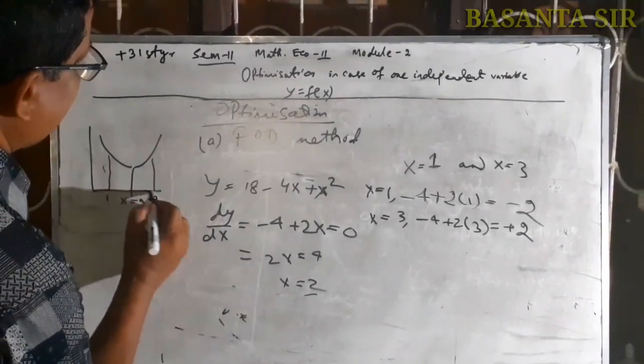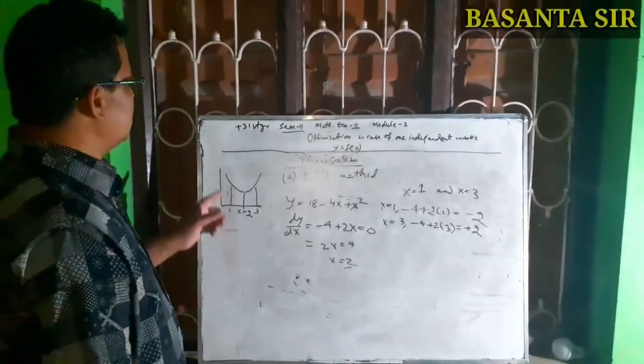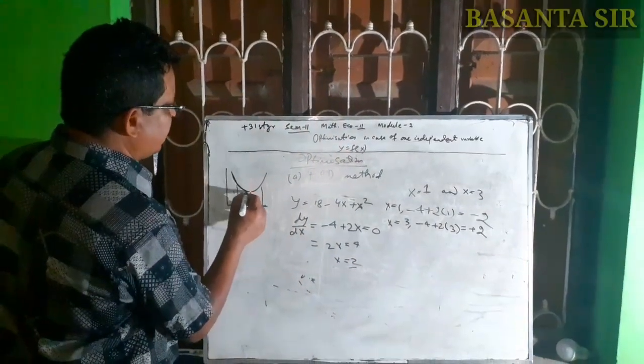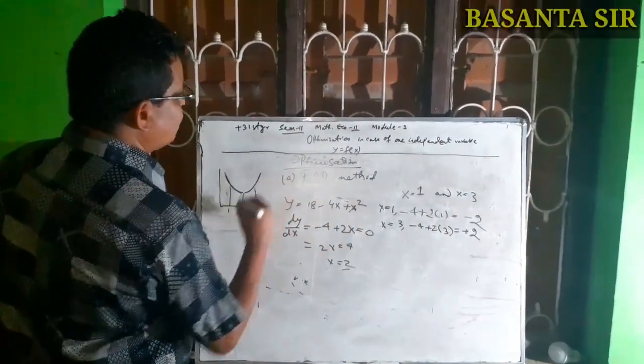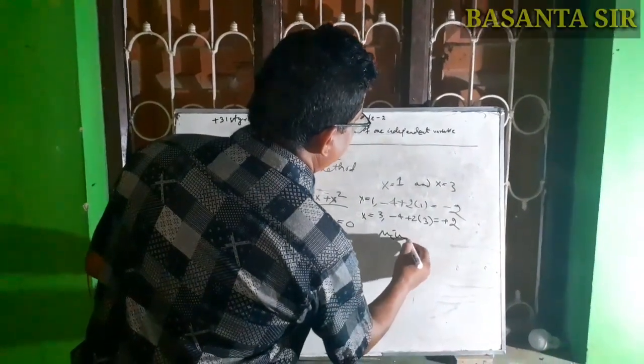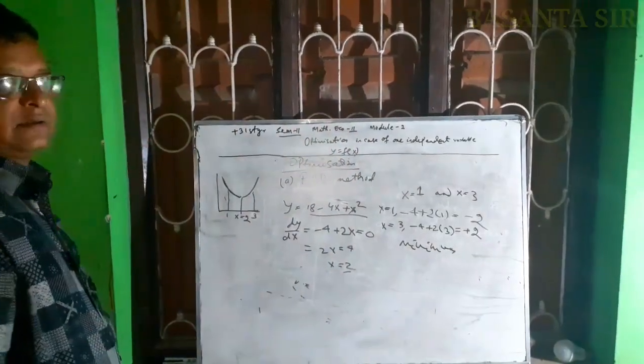Any number you can take, but 1 and 3 I am taking are the neighborhood values. What I find is that the value is minus 2. That means the function is falling and then it is rising. So we find that the function is minimum according to the first order derivative test.